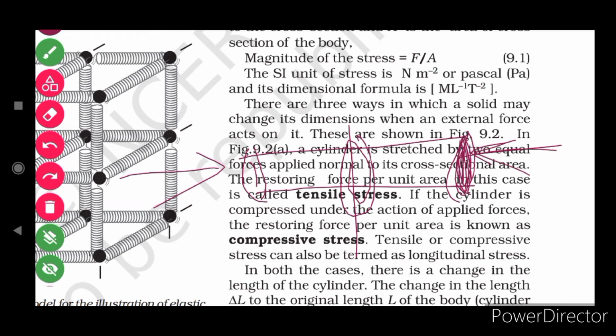So this force per unit area, along the length and normal to the area of cross section, has a name, and this is called longitudinal stress.